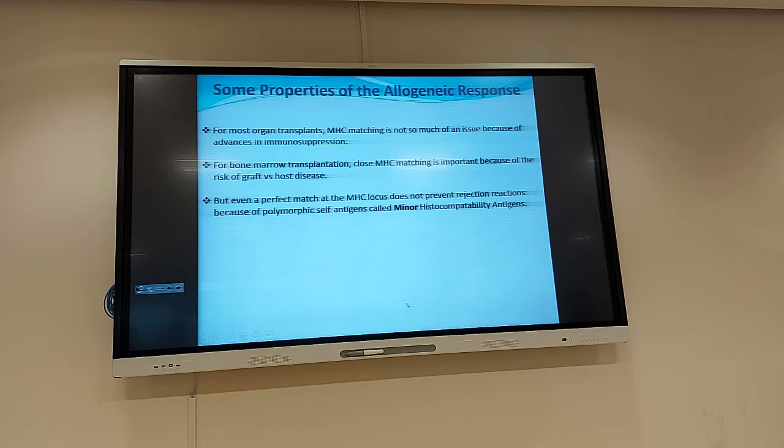You can get away with this. The big difference is in bone marrow transplantation, where you need strong matches, because if you don't, you can get graft versus host disease.